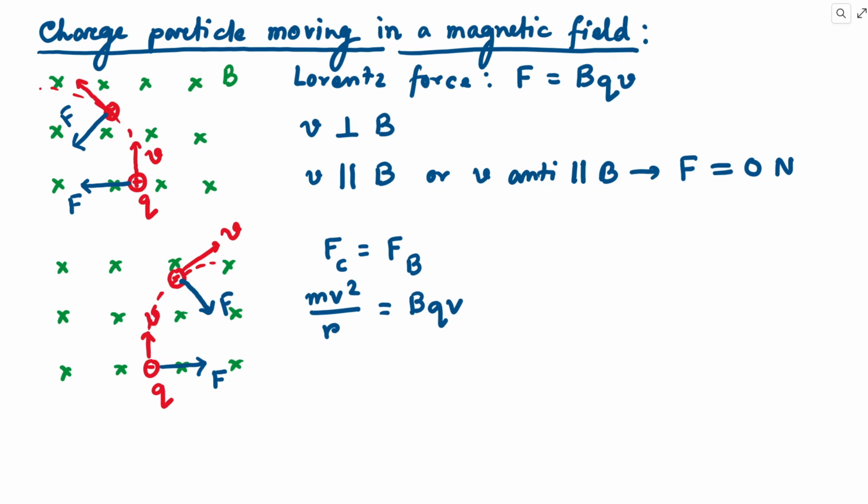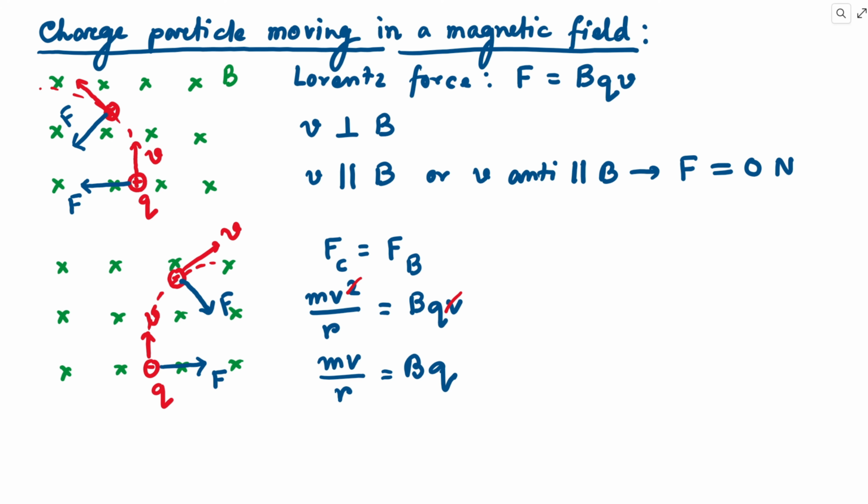So if you simplify this, one of the v's cancels out from both sides, and we get mv over r is equal to b times q.